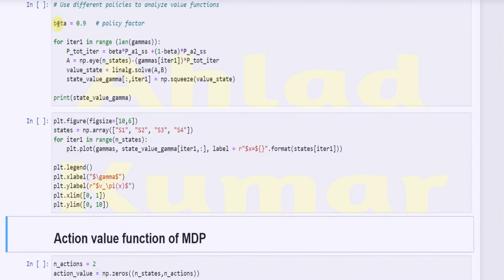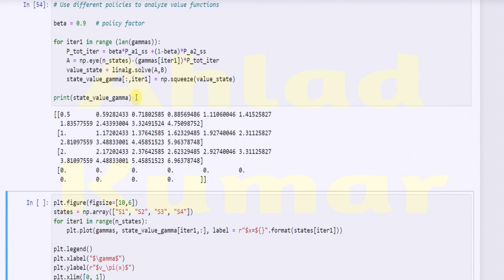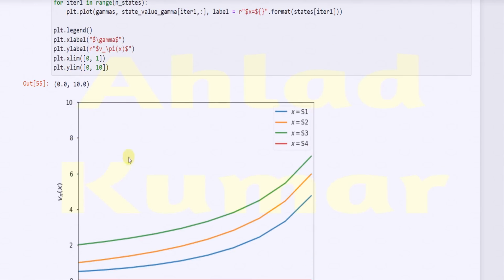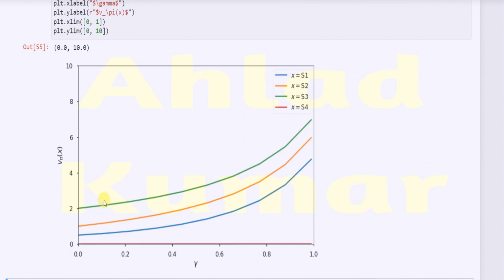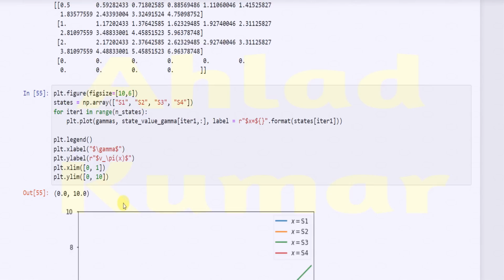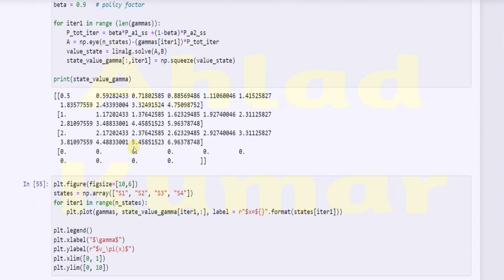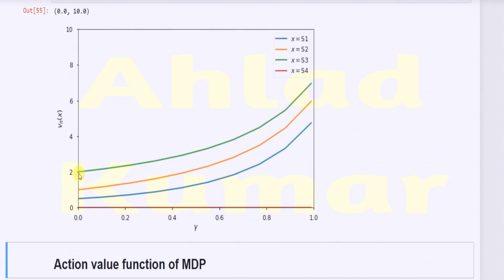So let us now execute this particular piece of code for beta equal to 0.9. Let me execute this, and then execute this now. If you see here, for beta equal to 0.9, which means 90% of the time we are selecting action A1 and 10% of the time we are selecting action A2, you can see how the value of the state is behaving.